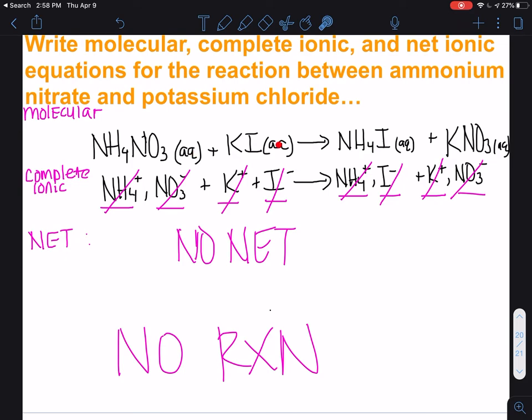But because everything is aqueous, when we throw it all together in solution, everything dissociates and nothing crashes out. So the whole thing is spectator ions. Nothing happens. There's no difference between the reactants and the products. So we have no net reaction, no overall reaction, no net ionic and no overall.